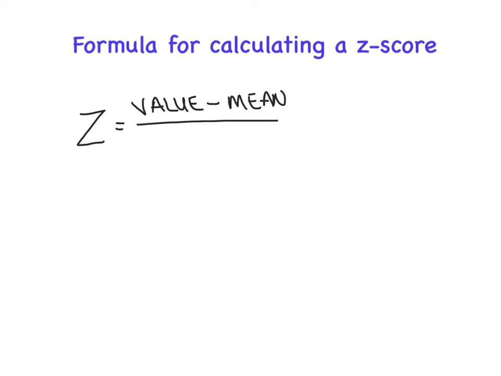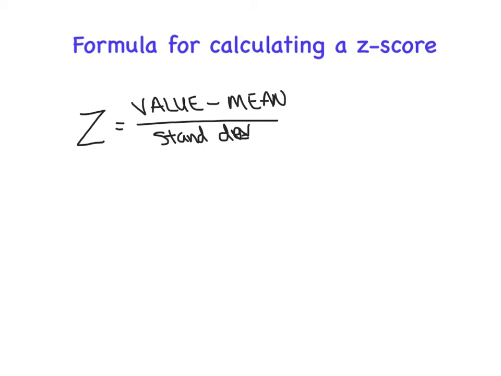So we've got a quick little formula to calculate a z-score because we're just trying to convert every score back to the standardized element. It may look a little goofy at first, but I think overall, with a little bit of practice, you're going to find that it's one of the easier ones we do all year. Basically, we're going to take the value that you started with, whether it's a score or a measurement of some sort, and you're going to subtract the mean from it, and then you're going to divide it by the standard deviation.